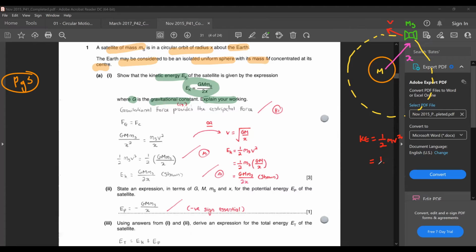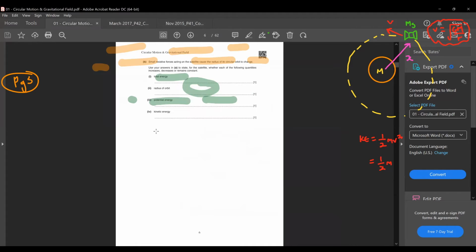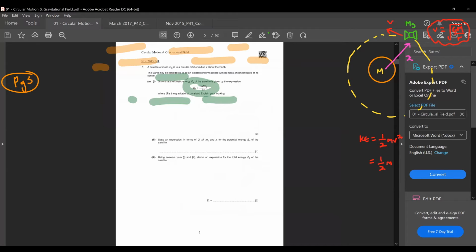You also learned before this that the linear speed for a satellite or any object in circular orbit would be square root GM over r. This is the general equation for linear speed, which is actually under, wait, I did not open the gravitational field notes. Let me just open up the gravitational field notes.